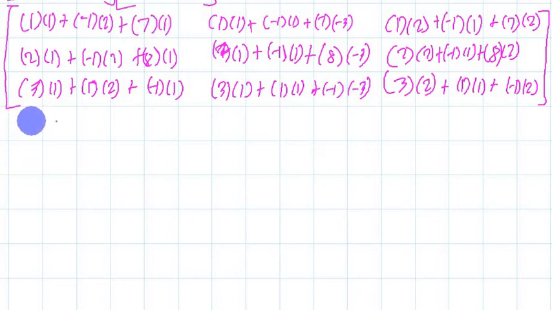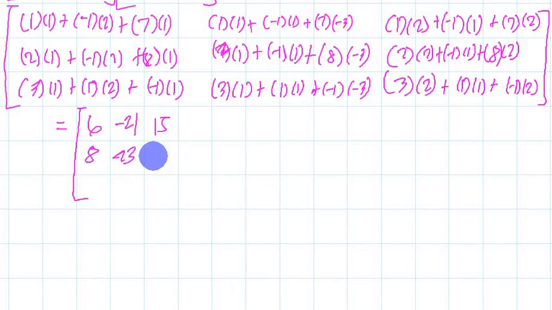And now, simplifying all of them, we're going to get the following entries. So we're going to have here 6, then negative 21, then 15, then 8, then negative 23, then 19, 4, 7, and 5.